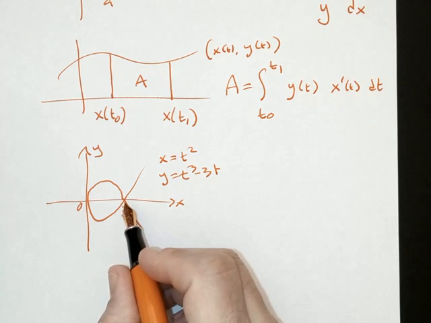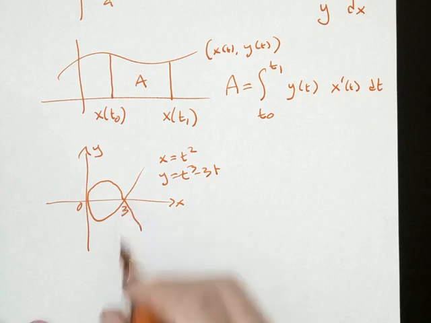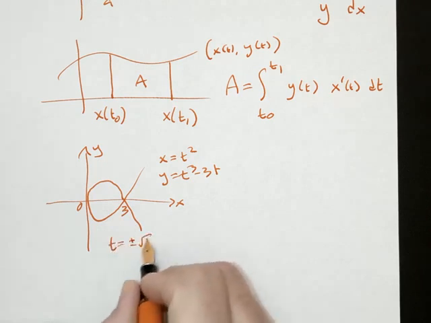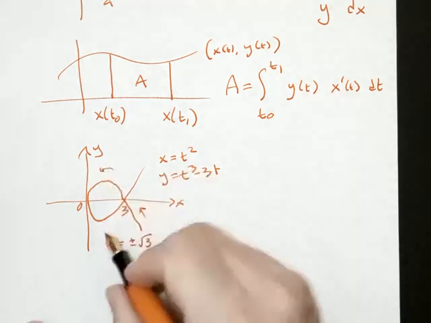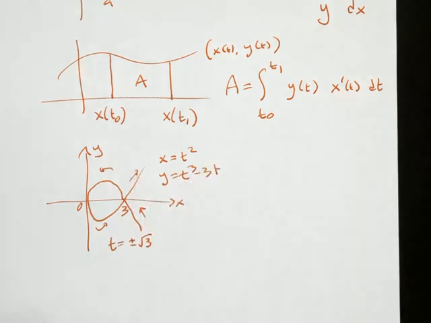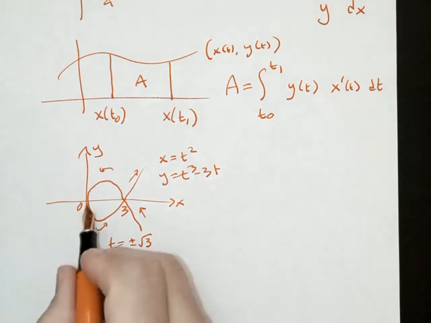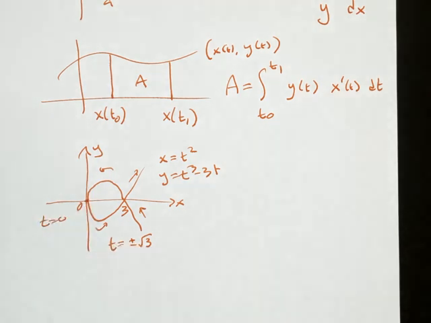Leo? The answer is square root of 3. Aha. And our direction for this curve was this way, right? As we drew the curve, as t increased, we came up from the bottom, up past the loop, down around the loop, and up off to the right. So the t-value that I encounter first is negative square root of 3. And then this point right here was where t equals 0.